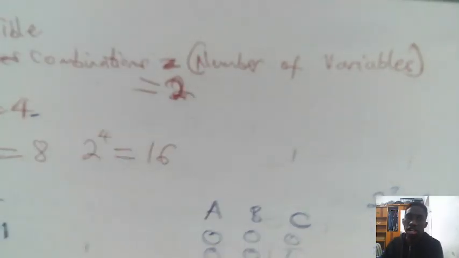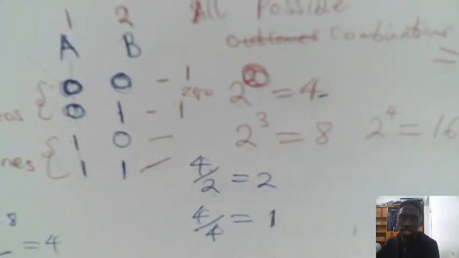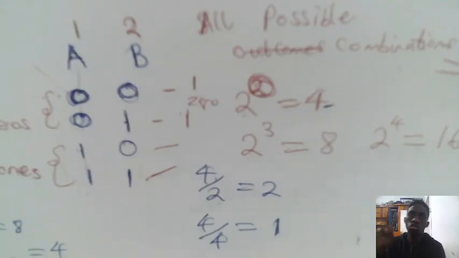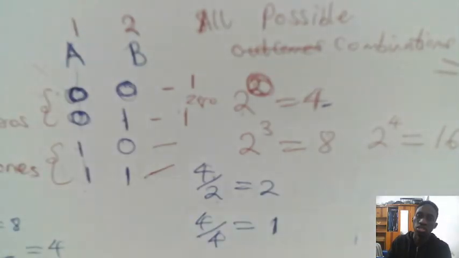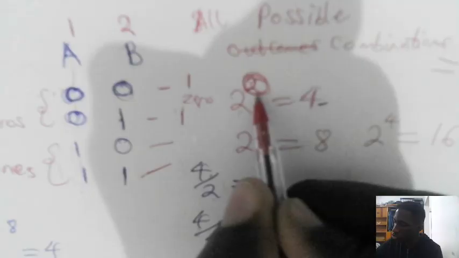In our case here, we've got 2 variables, A and B. And what is the number of combinations for this setup? The number of combinations is 2 raised to the power of 2.